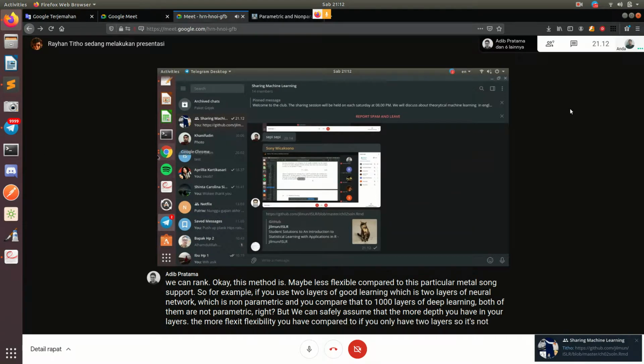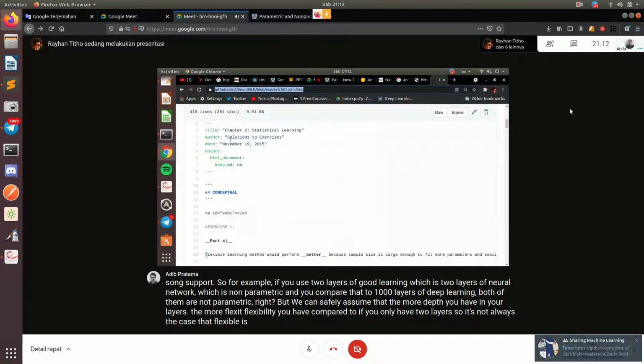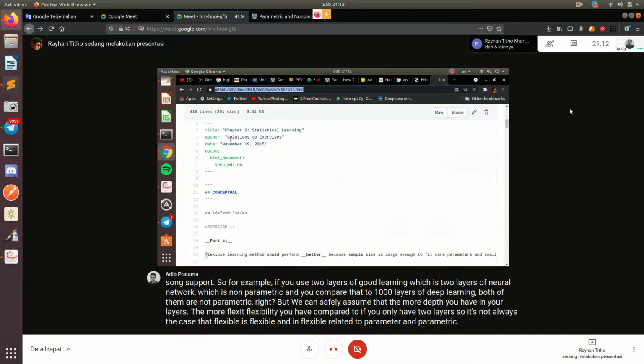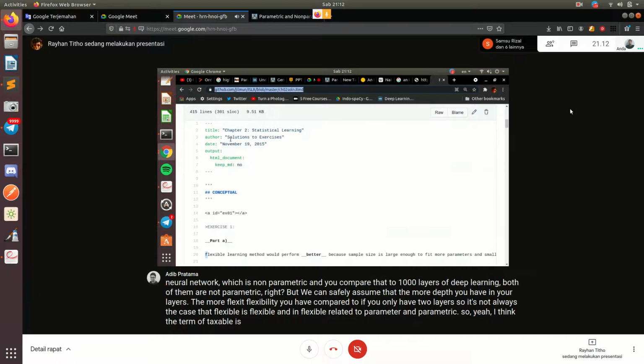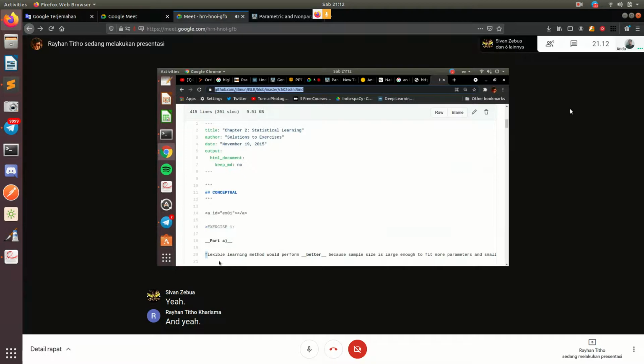So it's not always the case that flexible and inflexible relate to parametric and non-parametric. The terms might be related, but it's not always the case. And the answer is actually the more flexible method.